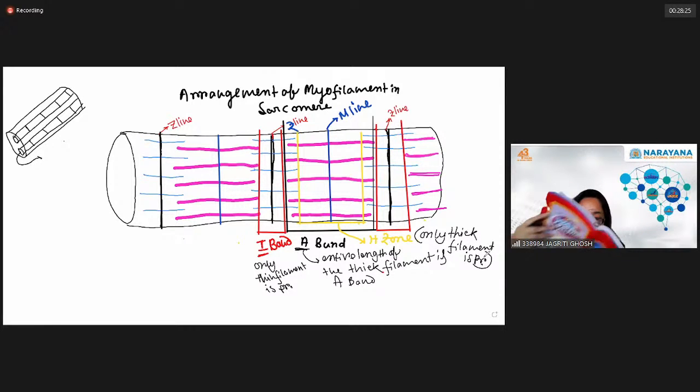Clear, or should I recapitulate? Next, I'll ask you all three questions. If you are able to answer that, that means you understood the entire thing. If you are able to answer that, that means you are done. You are clear.